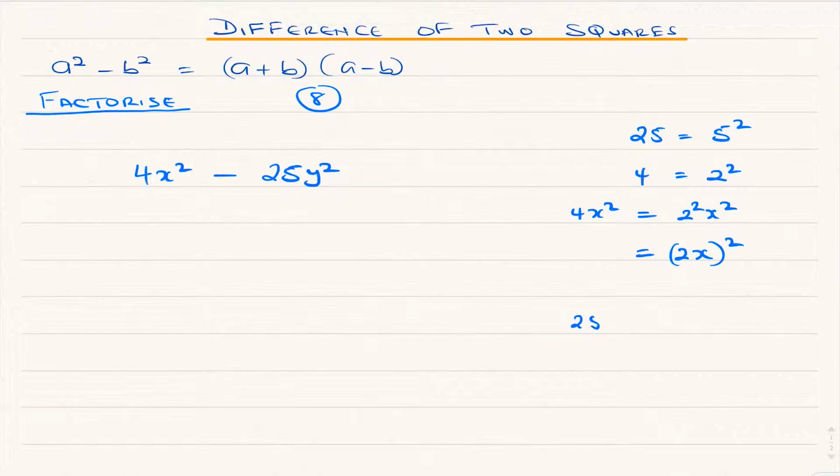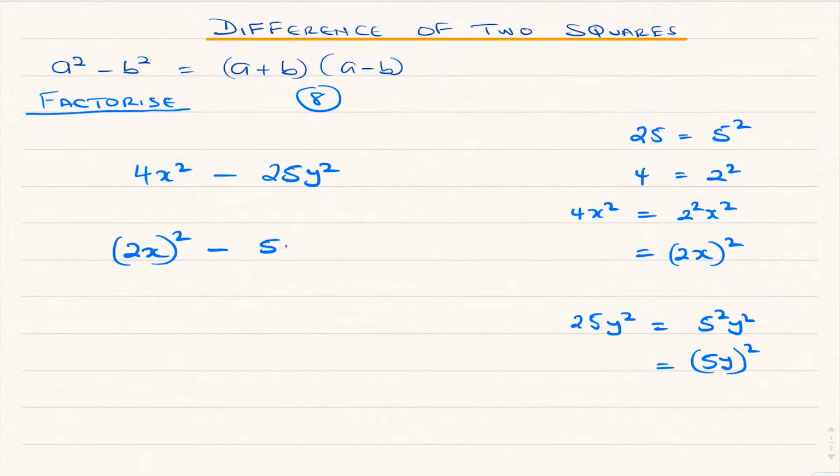Likewise, 25y squared will become 5 squared y squared, and that will become 5y squared. So if we come back here and replace all those, we get 2x squared minus 5y squared, and therefore the factors will be 2x plus 5y times 2x minus 5y.